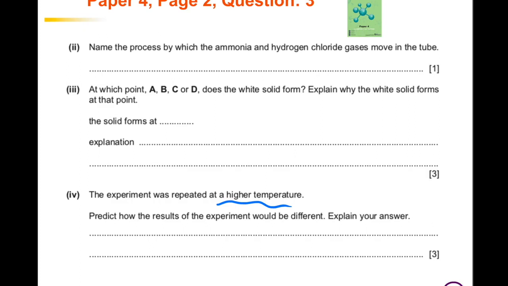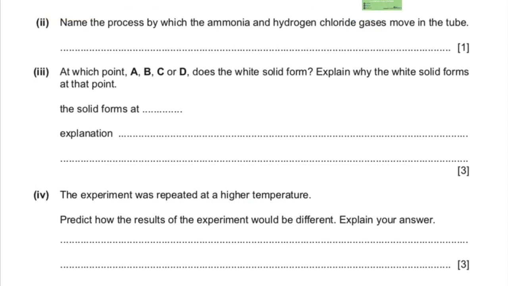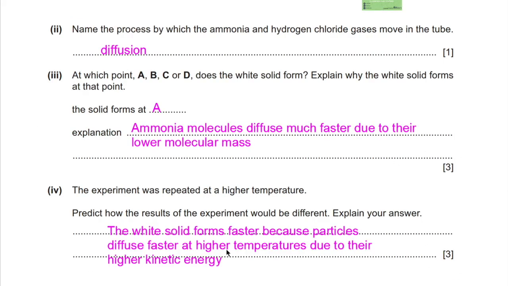So you'll see the smoke that forms between those two gases much faster if the temperature was higher. So again, here's the answer. The solid will form faster. That's because higher temperature gives more kinetic energy.